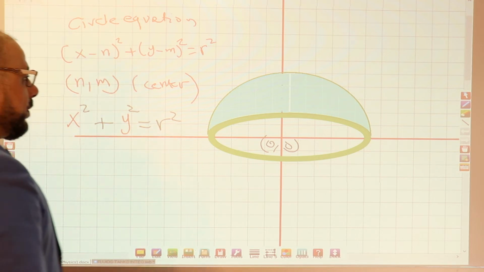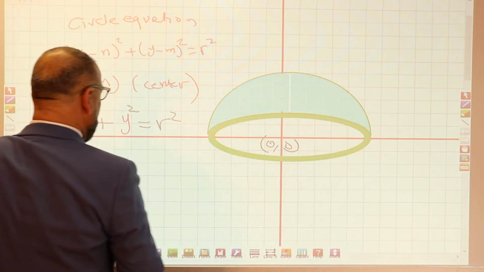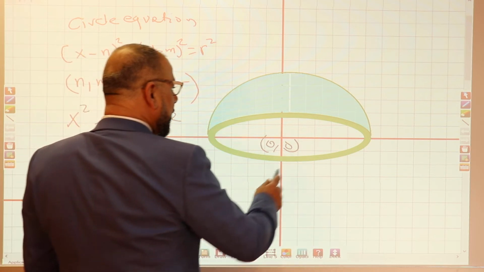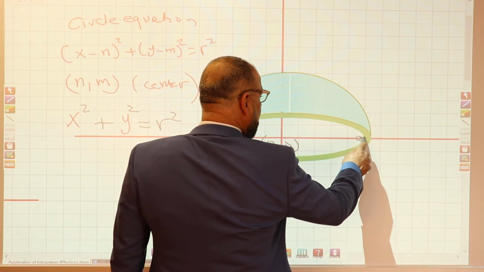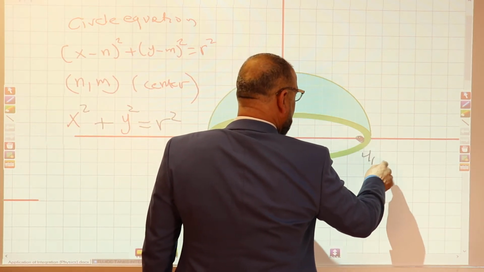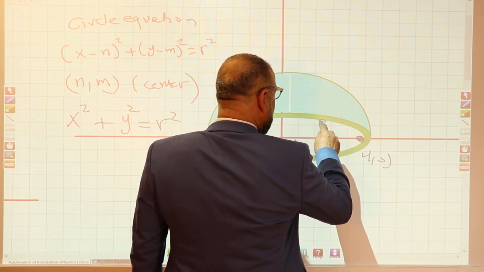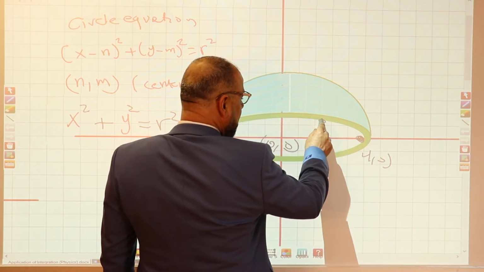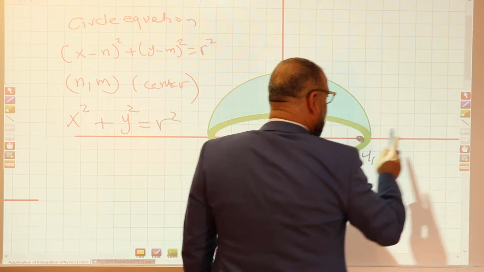Now, look at how we get this equation. The value of x here, 1, 2, 3, 4. This is 4 and 0. And this is r somewhere here. Look, from here to here is r.